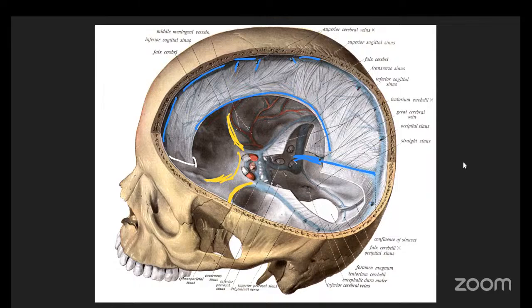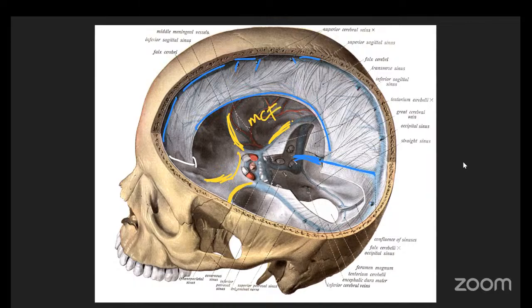Yes, this is the anterior portion. This is the lesser wing of the sphenoid, along which the sphenoparietal sinus runs. And then we have the petrous portion here of the temporal bone in which the superior petrosal sinus is running. And you can see the middle cranial fossa here as well.